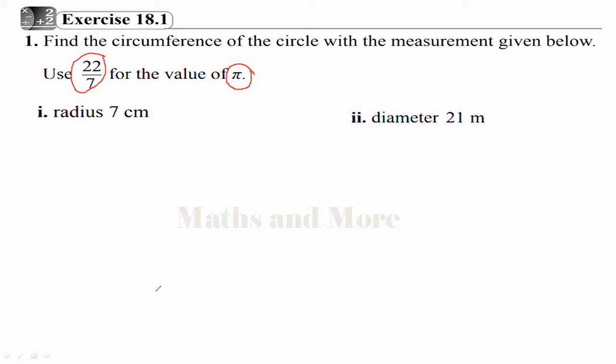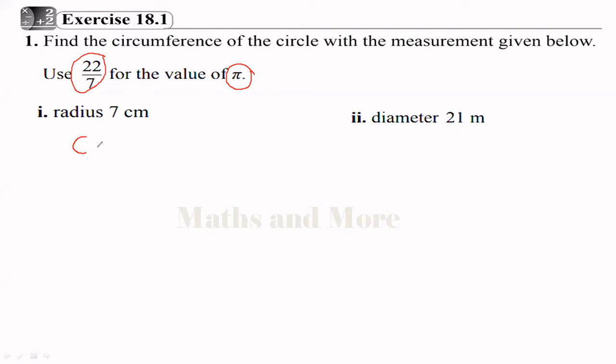If they have given the radius, which formula is easy to use, C equals pi r or C equals pi d? Radius is given, so we have to use C equals 2 pi r. The first letter of radius is r, so we represent radius by r. Therefore we use this formula.